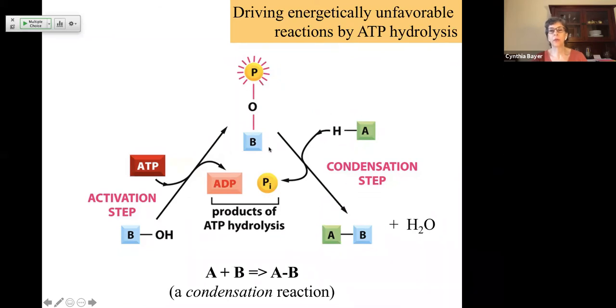Replacing the phosphate with A will allow the joining of A and B to form our polymer.